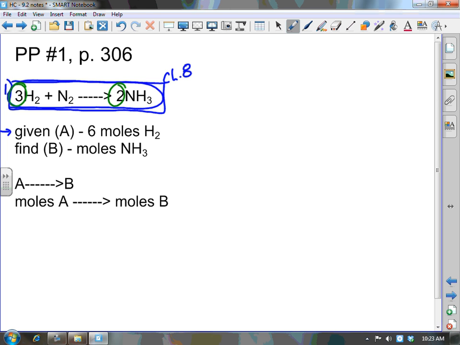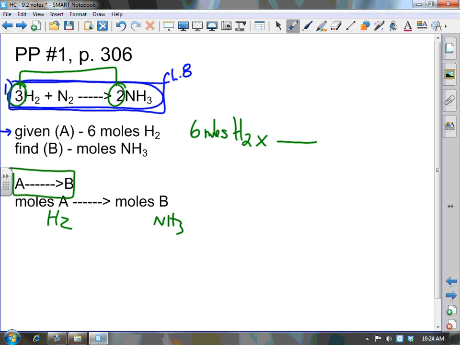So what are we going to do? We're going to do an A to B problem. We're going to go from the moles of chemical A, which is hydrogen, to the moles of chemical B, which is ammonia. So we write out what we're given. We're given 6 moles of hydrogen multiplied by a conversion factor to get moles of ammonia. The conversion factor is the coefficients, 3 and 2.